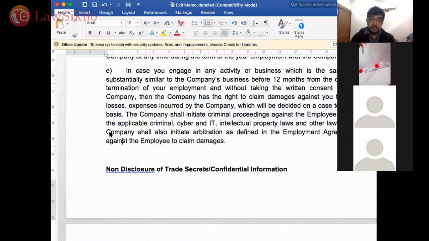Like under Indian law, post termination restrictions on employment are not considered to be valid. Only during your employment you can be exclusively employed and prohibited from working with others. But unless you are in a very, very senior position, it is difficult to restrict somebody from working with a competitor.